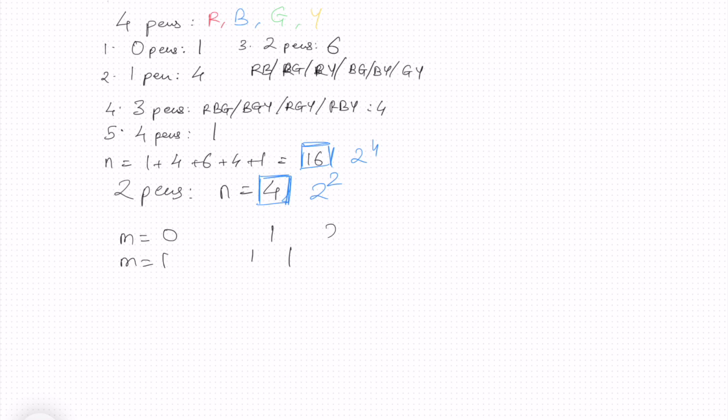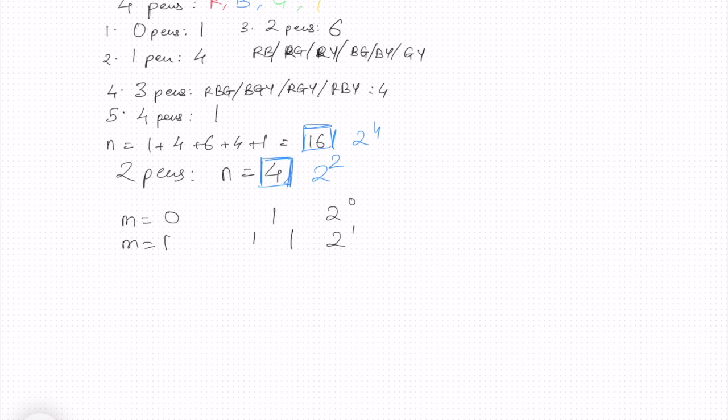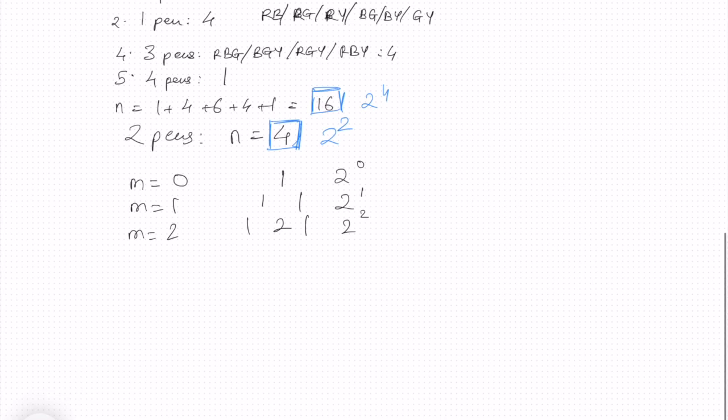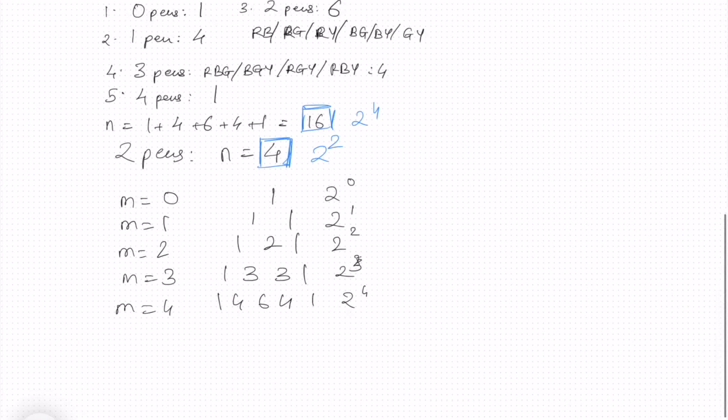So I can write 2 to the power 0, 2 to the power 1, m equals 2, 1, 2, 1, that's 2 power 2, m equals 3, 1, 3, 3, 1, 2 power 3, m equals 4, 1, 4, 6, 4, 1, so that's 2 power 4. These are the cases that we have computed.